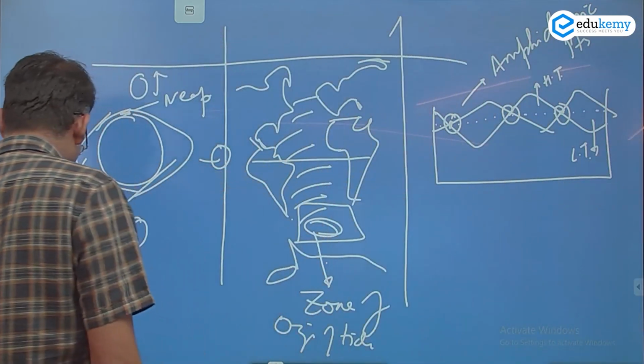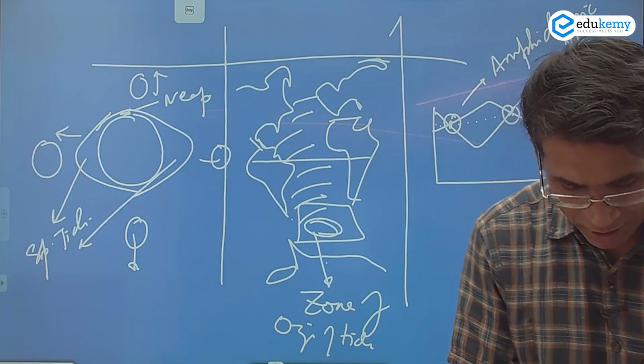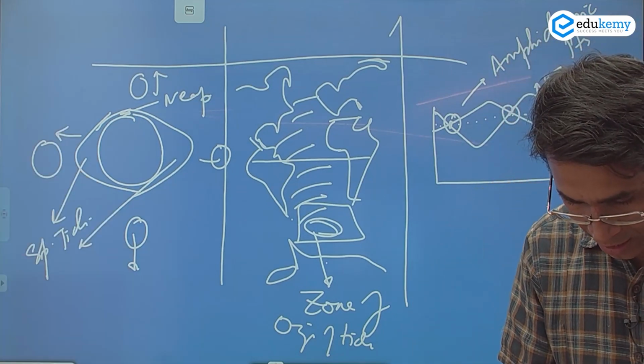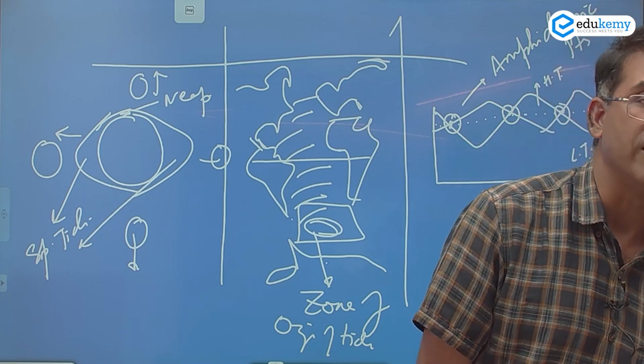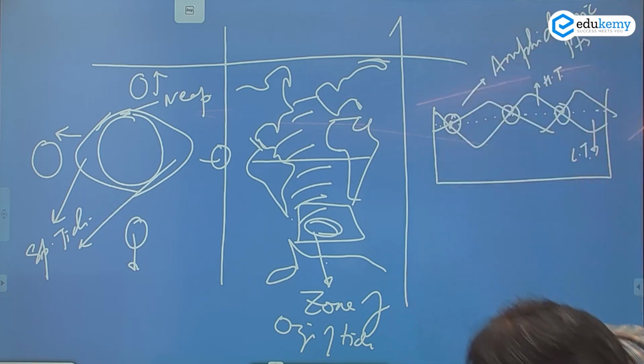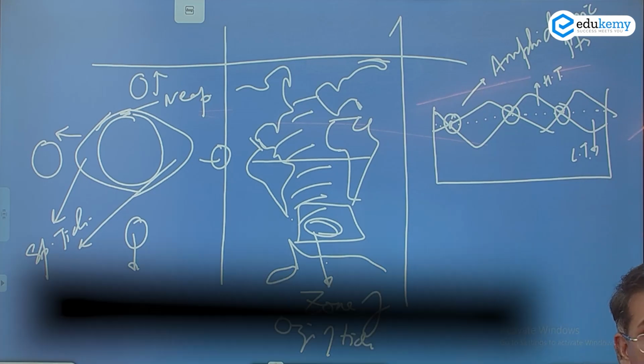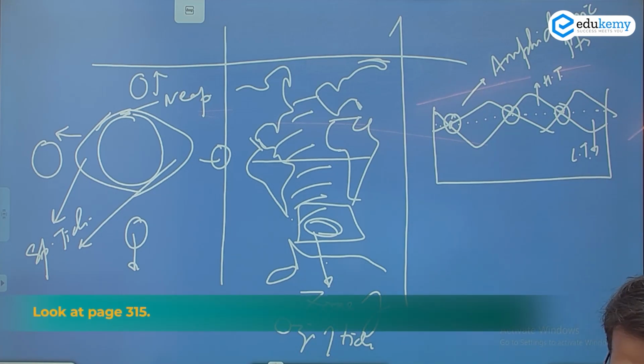The question I can anticipate in your textbook, please look up page 315. Look at page 315. So these are the three theories.